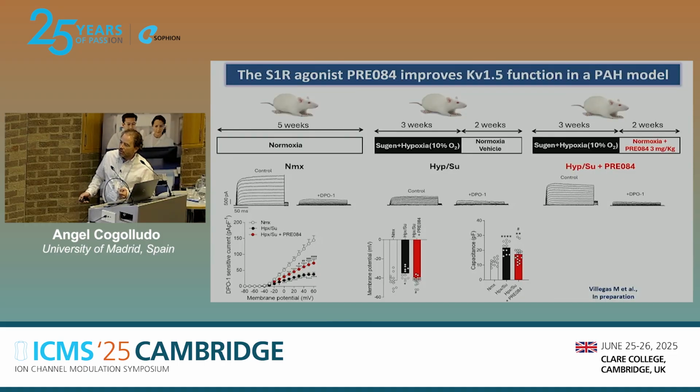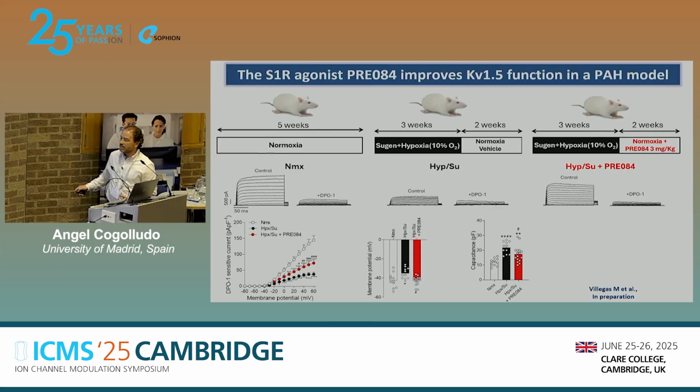Here you can see the IV relationships, and the drug was also able to restore the resting membrane potential to normal, to those found in animals exposed to normoxia. Interestingly, the treatment with this drug also reduced the capacitance, which was enhanced here.